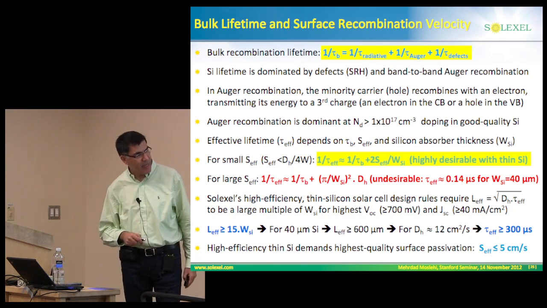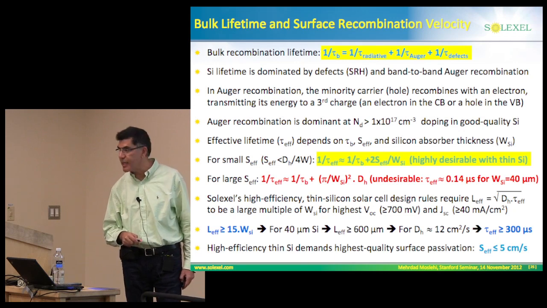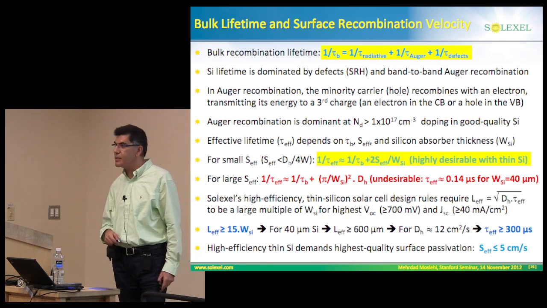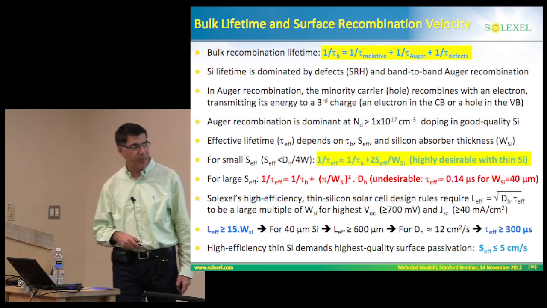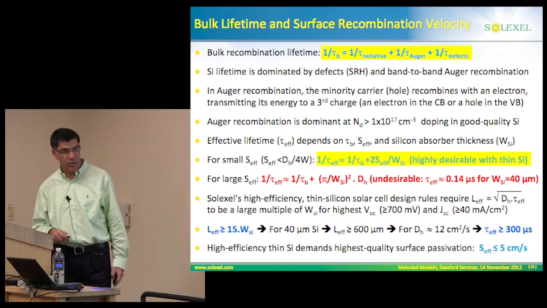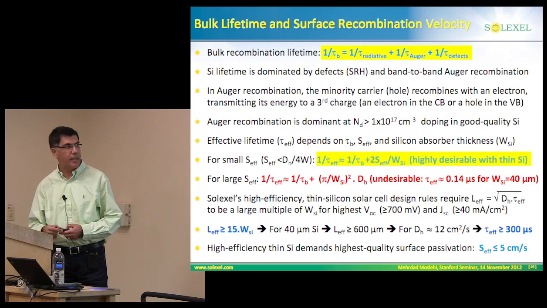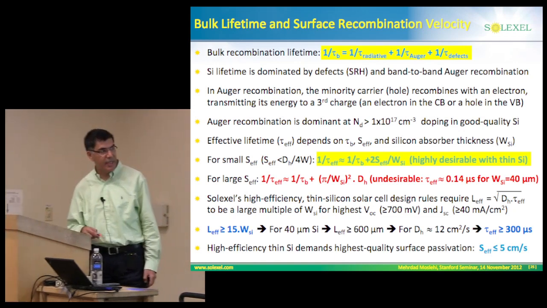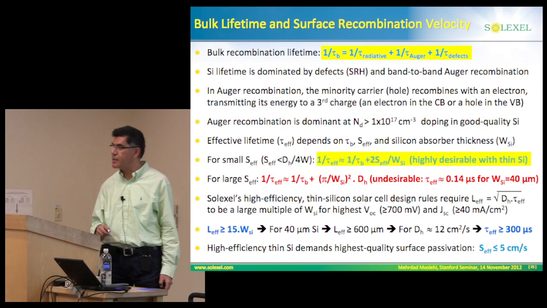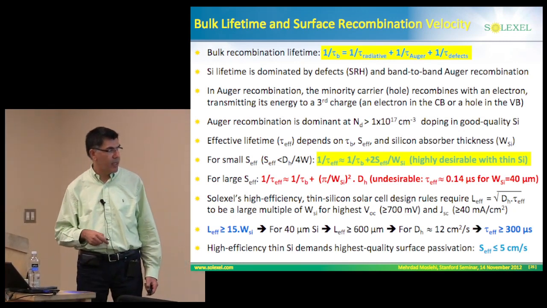Basically, for 40 micron silicon, this translates to a 300 microsecond lifetime. We like our surface recombination velocity to be less than 5 centimeters per second. These are for very high efficiency cells in the range of 23% plus efficiency. We are fairly close to these numbers with our champion and mean efficiency cells now.